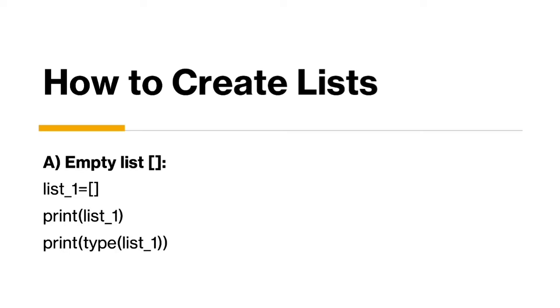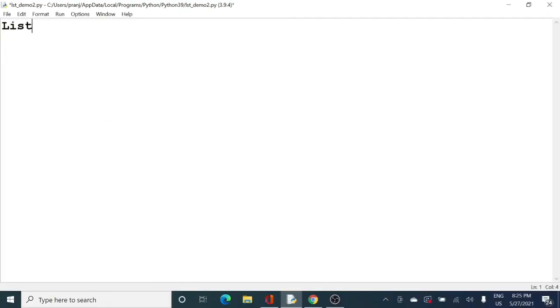So let us see how we can create an empty list. It is very simple. Type a variable name and make it equal to square brackets. If you want to print an empty list, you just pass the variable name in which you have assigned empty brackets. One more thing you can check is the type of the list that you have created.